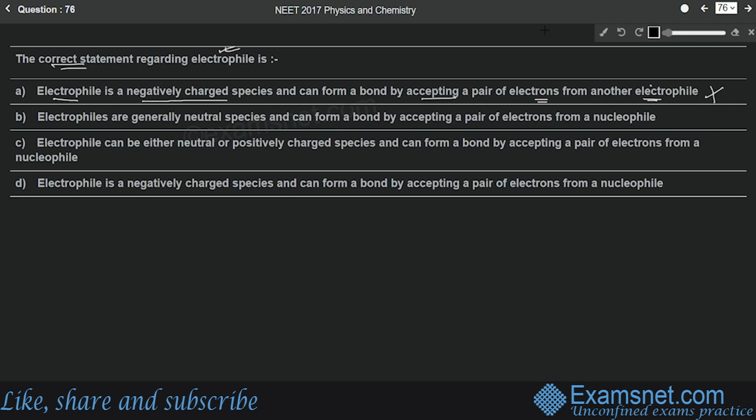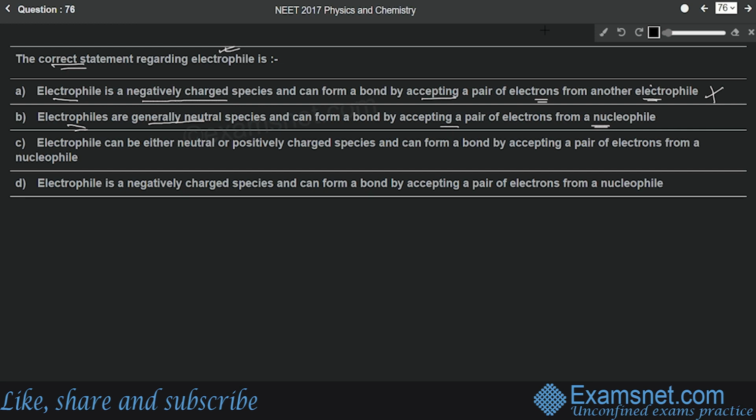Now we move to the second statement. It says electrophiles are generally neutral species and can form a bond by accepting a pair of electrons from a nucleophile. So the second part is true that it accepts a pair of electrons from a nucleophile, but it is not generally neutral. It can be neutral or positively charged. So this is not the most appropriate statement. Let's check another statement.